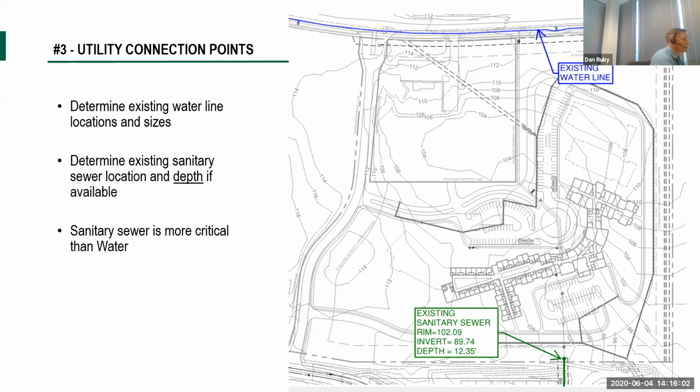So again, we're trying to take into account things, work with them. So the invert of the sanitary sewer and the relationship of the building to that location is very important.